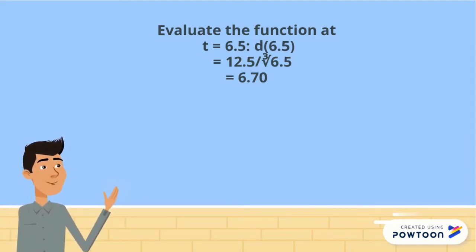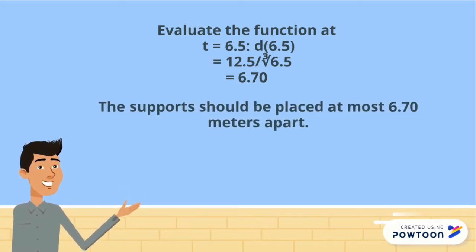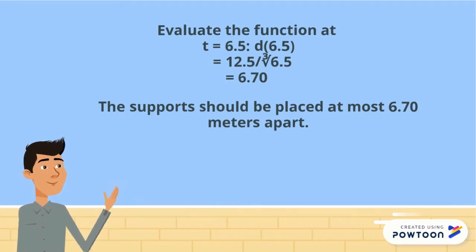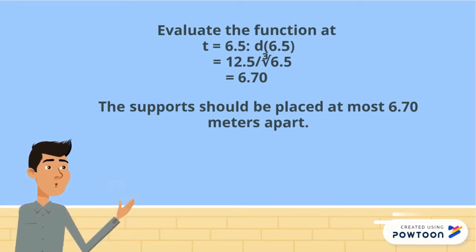Evaluate the function at t is equal to 6.5. So 12.5 over the cube root of 6.5 is equal to 6.70. The supports should be placed at most 6.70 meters apart.